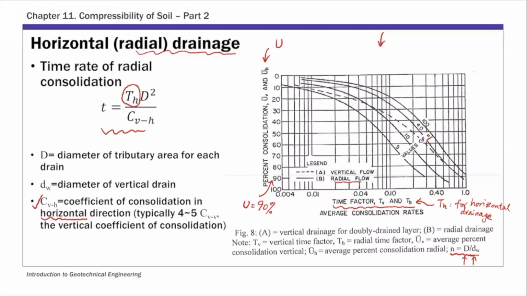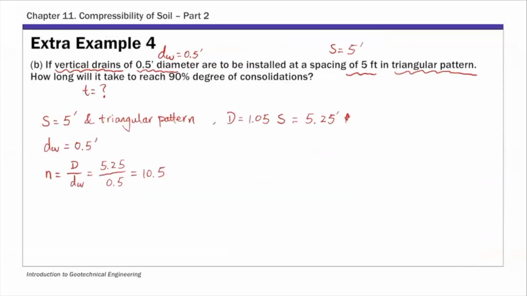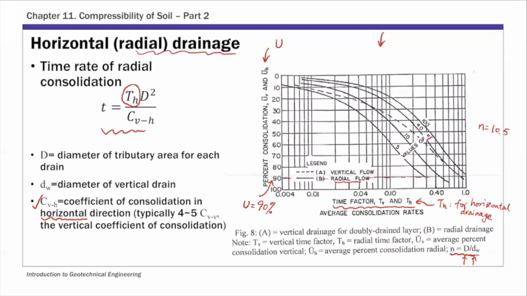So for this 90%, if you go to the solution, remember our n value is 10.5, so it's about 10. So this small n is approximately 10. So 10 is this solid curve here. So you can find the corresponding time factor for radial drainage case from this solution chart.